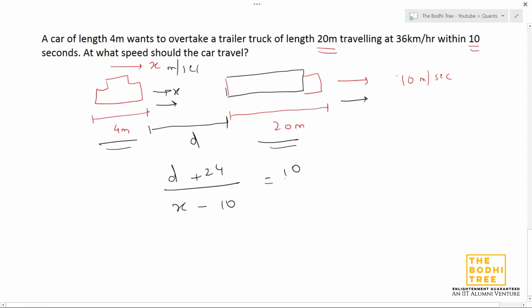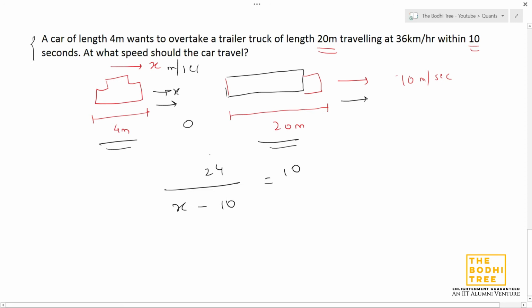So we have two unknowns and one equation, and we won't be able to solve this question. That's why we have to assume that the distance between the two is 0, irrespective of whether it has been stated or not. Now we'll be able to solve this question.